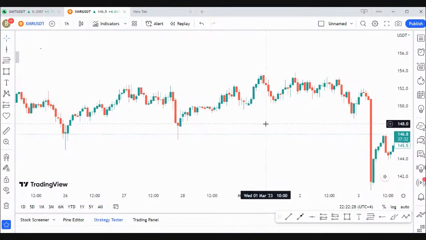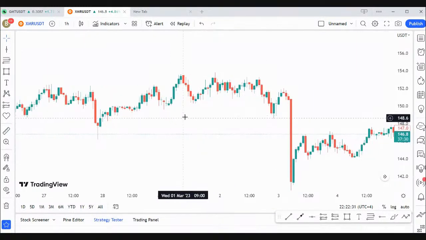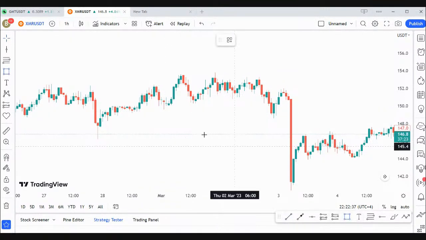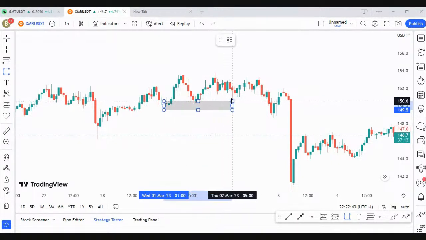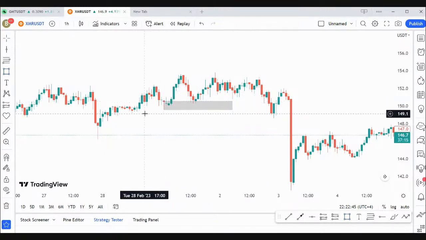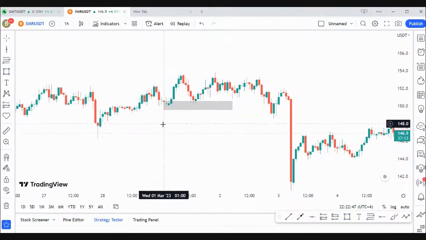Another thing you need to know is what is called an order block. Sometimes you make sure that your order block is at your imbalance. For example, this is an order block: the last sell candle that took out liquidity. There is a little gap here, though it is not a fair and good imbalance.